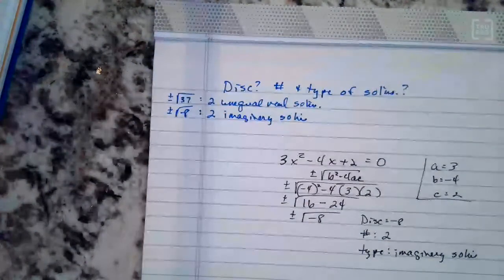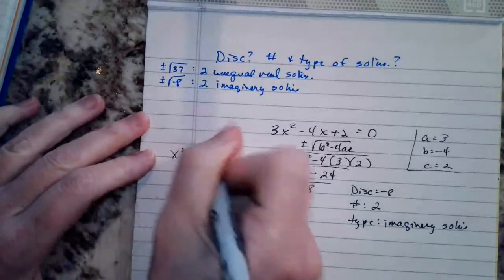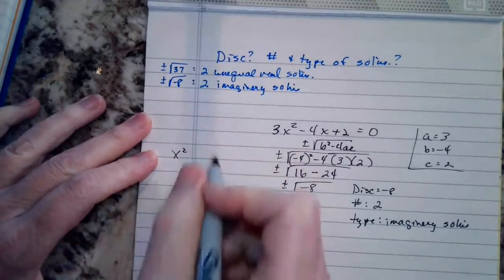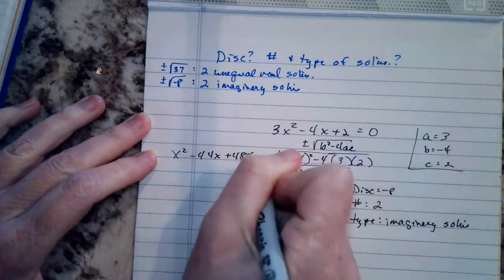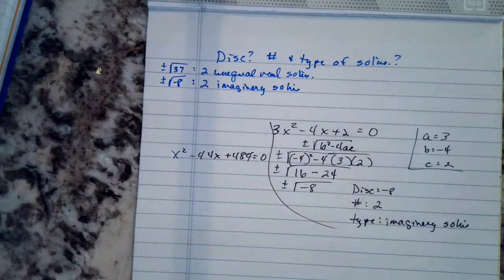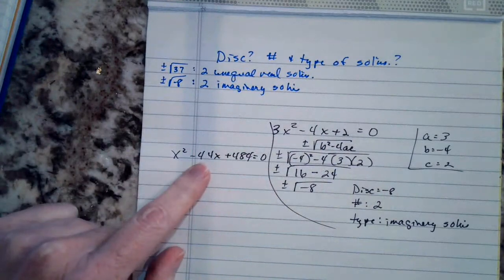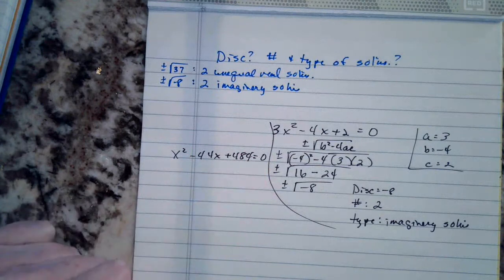Let's do another one. Let's look at x squared minus 44x plus 484 equals 0. That's x squared minus 44x plus 484 equals 0.